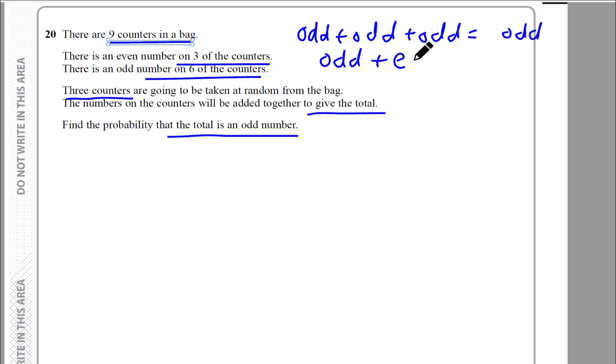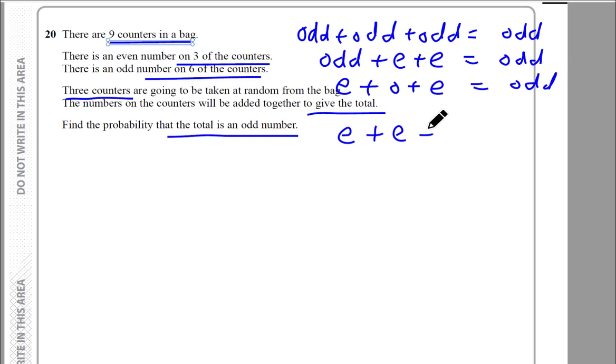I'm going to write E plus E. That's odd. So let's move odd into the middle. We've got even plus odd plus even. That's odd. These are combinations, and even plus odd is going to be odd.